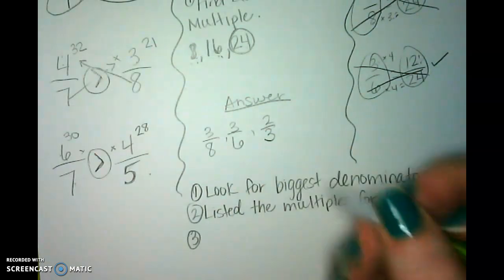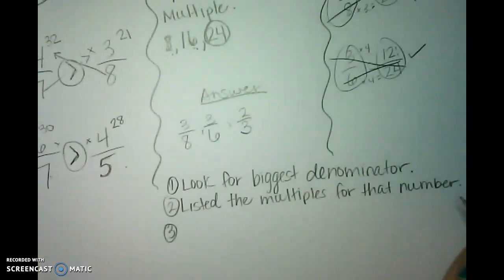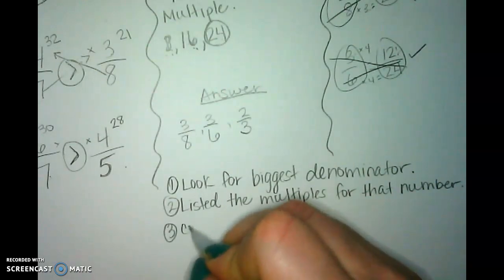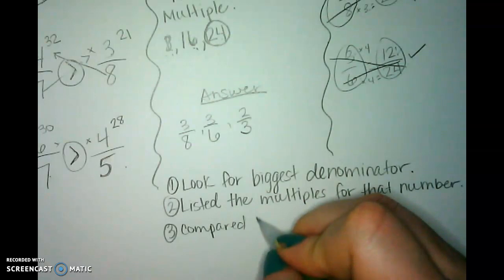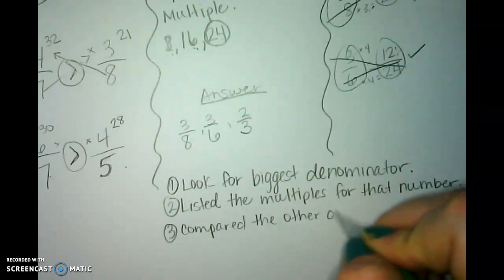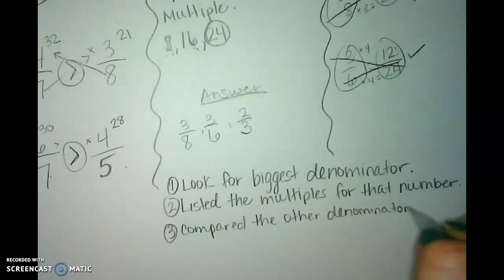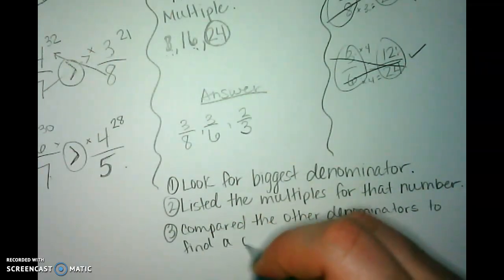Next, we compared the other denominators. Find a common multiple.